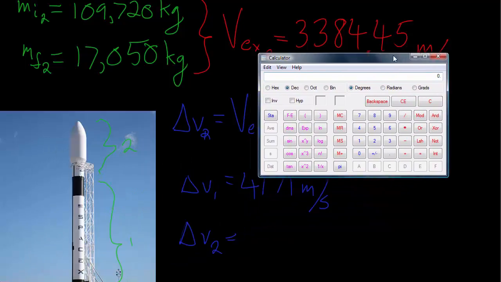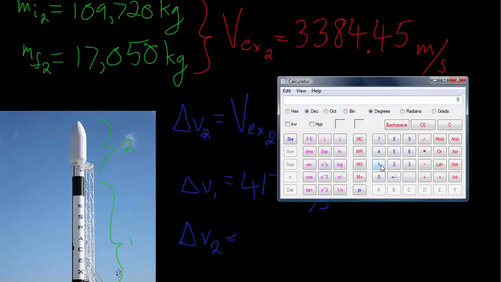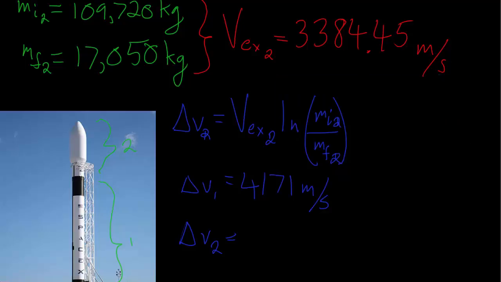The change in velocity of stage 2 would be 109,720 kilograms divided by 17,050 kilograms, which is equal to 6.435 natural log. We multiply that by our exhaust velocity, 3,384.45, and that gives us a change of velocity of 6,301 meters per second.